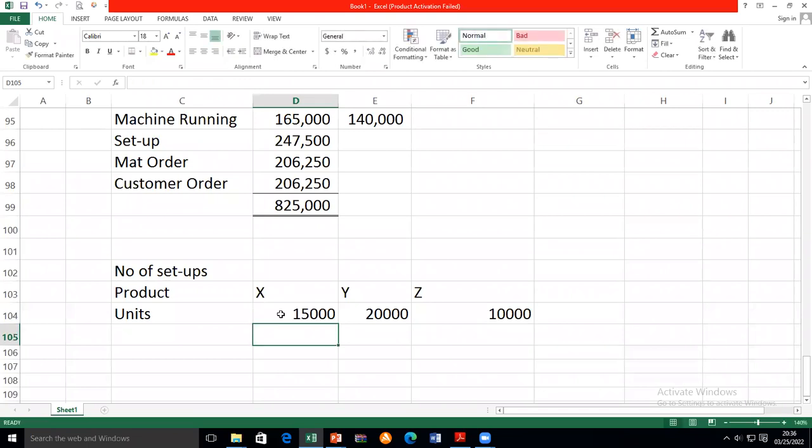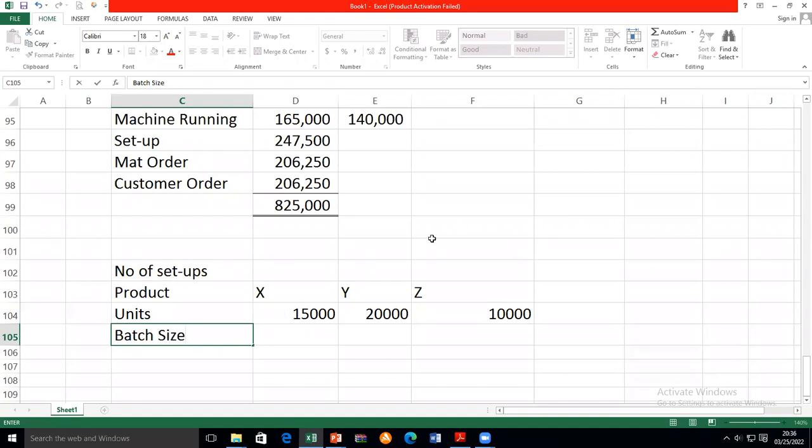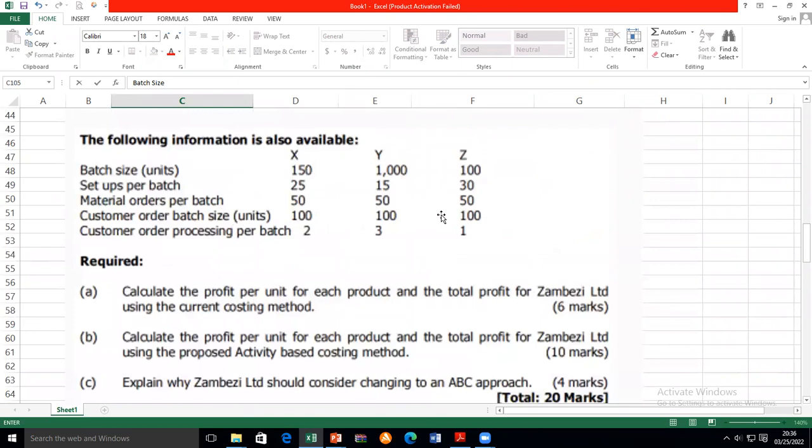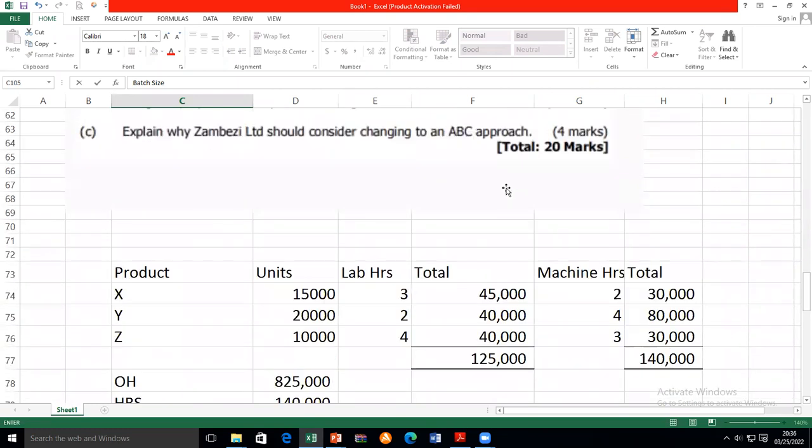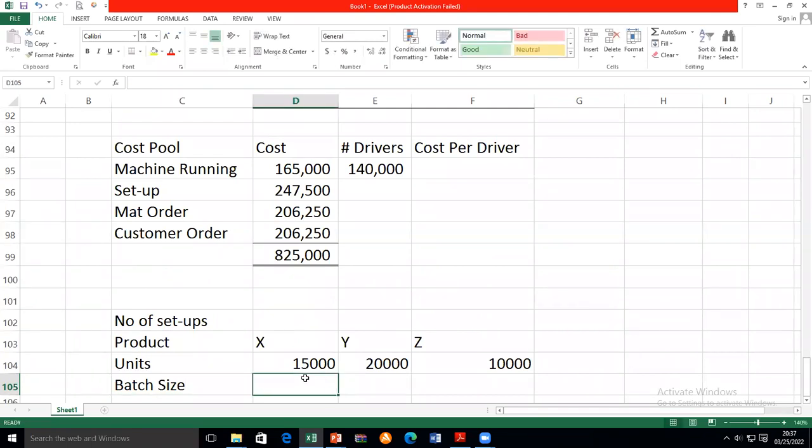So let's go, batch size, a single batch. How many items do we have? We have been given here 150, 1,000, and 100.